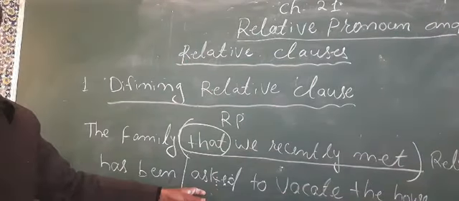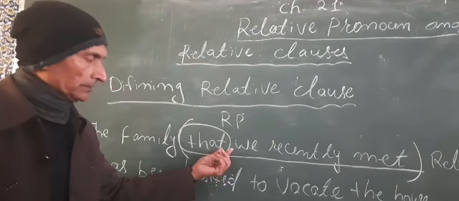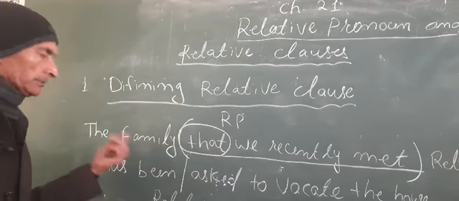If we rub this clause from the blackboard, this sentence will not be completed. So the family has been asked to vacate the house. This relative clause is adding some extra information about the family.